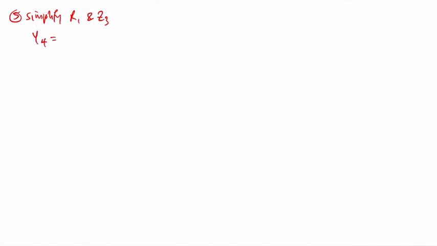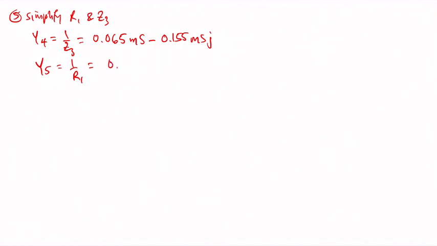To do that, we need to get Y4, which is the reciprocal of Z3, and that's easily solved to be 0.065 millisiemens minus 0.155 millisiemens j, and then Y5 is nothing but 1 over R1, which is equal to 0.833 millisiemens.